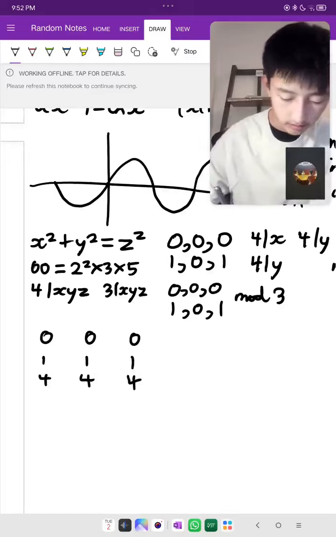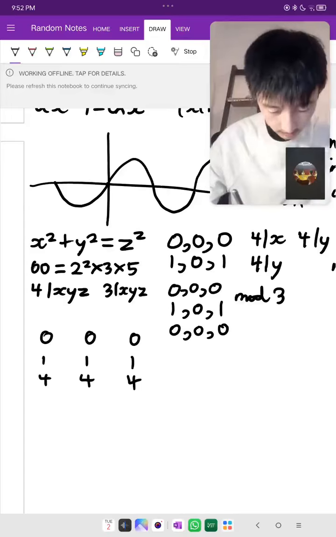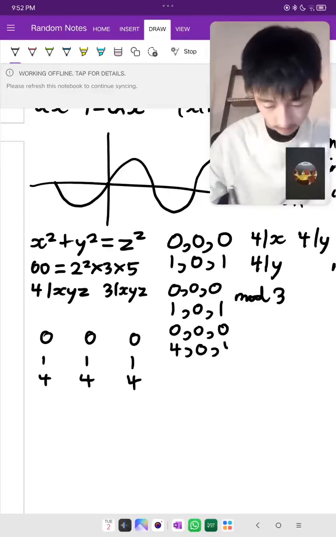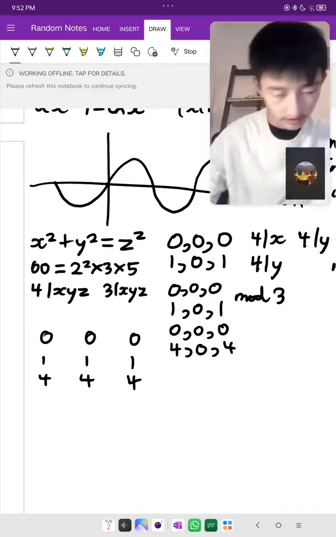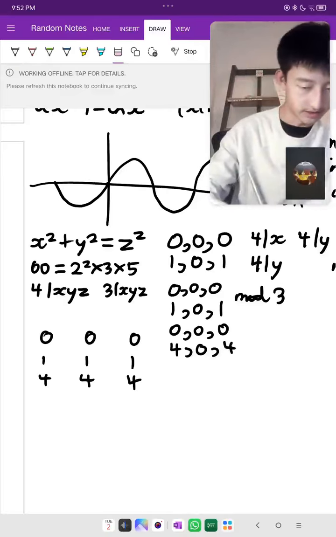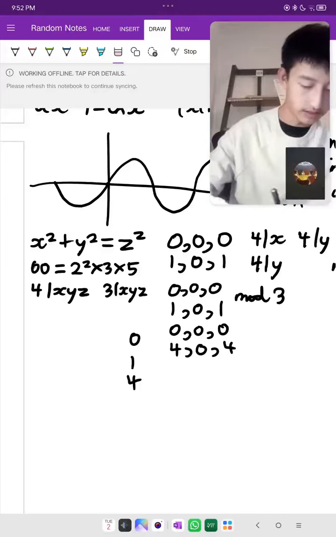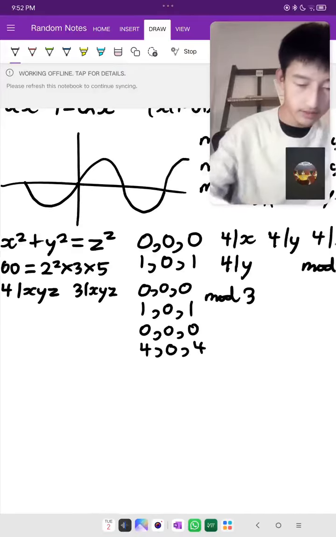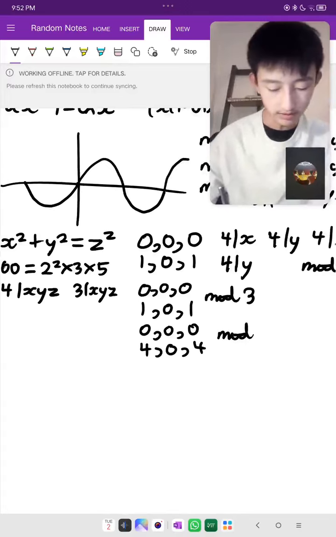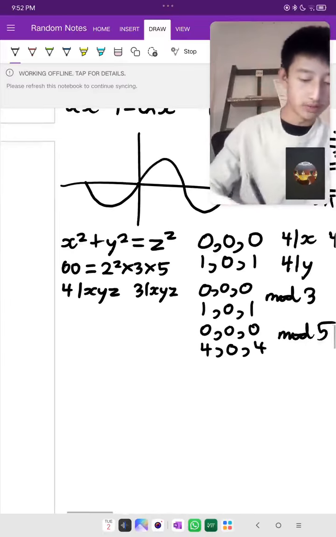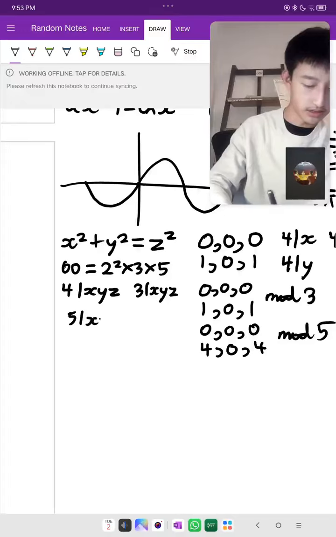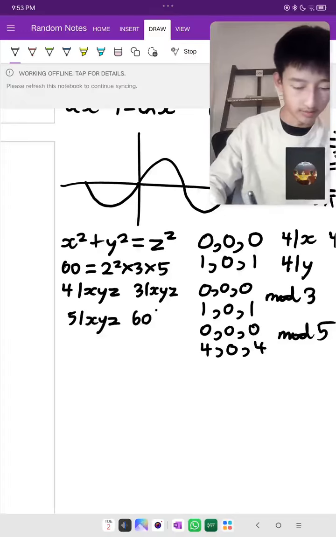So we can either take 0, 0, 0, then 4, 0, 4, and I don't think there are any other possibilities. So that means at least one of x, y, and z is divisible by 5, which means we have shown that xyz is divisible by 60.